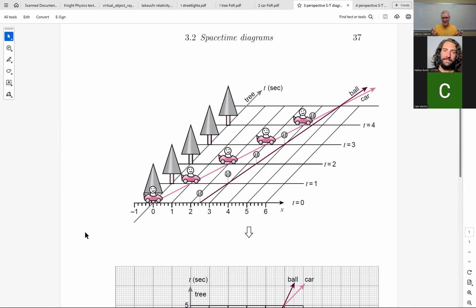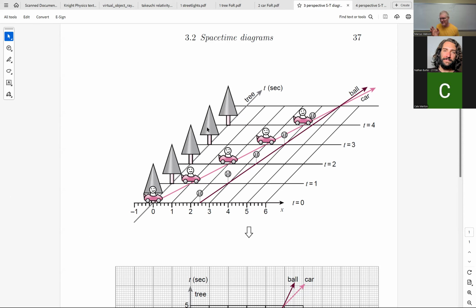So, here's the perspective issue of the drawings I just showed you. This is the tree frame. Notice the tree frame axes, labeled tree up here, and there's a T and an X. I will stop for a minute and say, yes, these are reversed from what you perhaps learned in a 4A class.